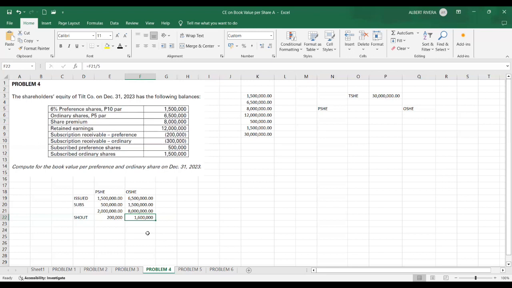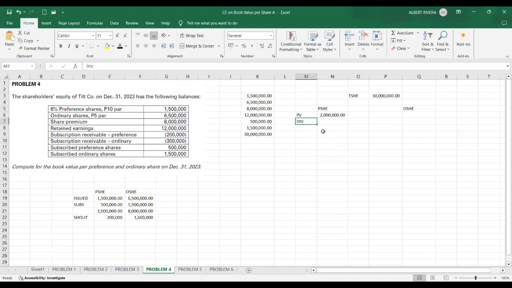Okay? So, let's now compute. So, this is 30 million. Wala namang liquidation value. So, the par value is ito, 2 million. Aggregate par.